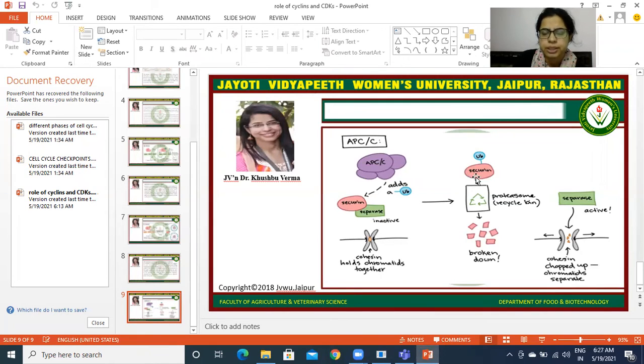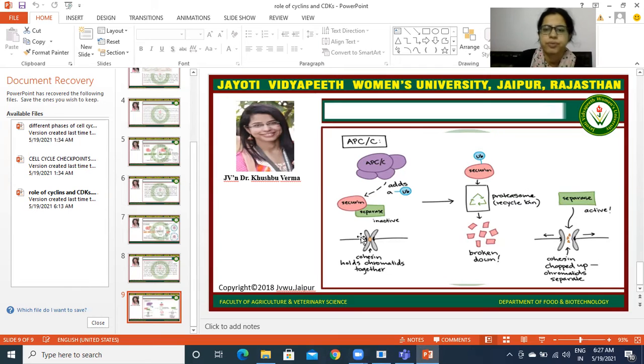It will degrade this securin protein. Now the separase enzyme is completely free and it is in active form. So this activated separase now goes and breaks down the cohesin, meaning it chops up the cohesin, by which these two sister chromatids are able to separate from each other.